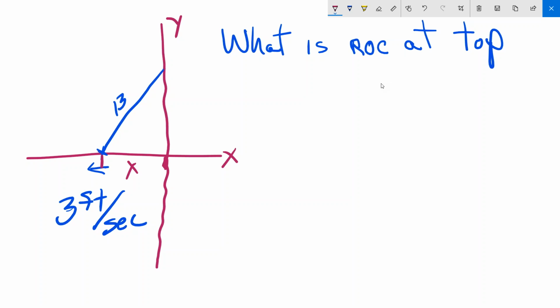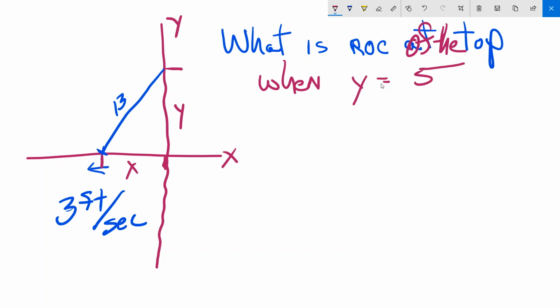This distance is y. So now, what is the rate of change of the top when y equals 5? That's the question.